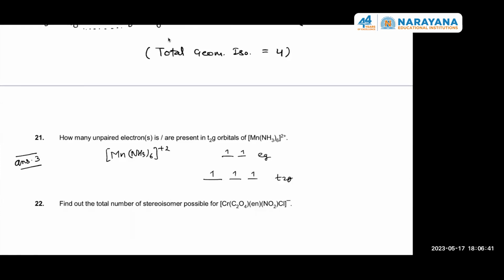So it is a very simple question. It is actually an exceptional case. Therefore, I have taken this as a question, because sometimes we consider ammonia a strong field ligand, but here pairing doesn't take place. That is experimentally observed. Okay.